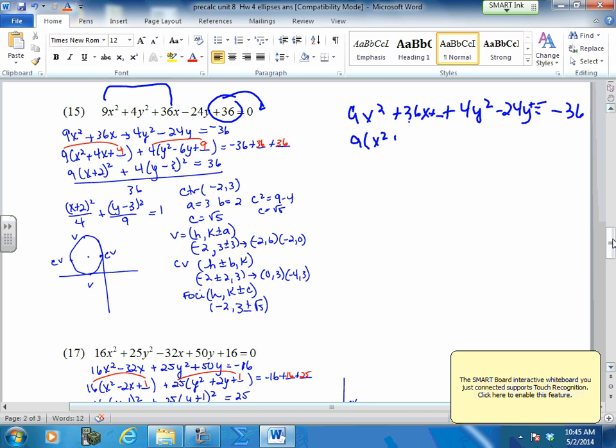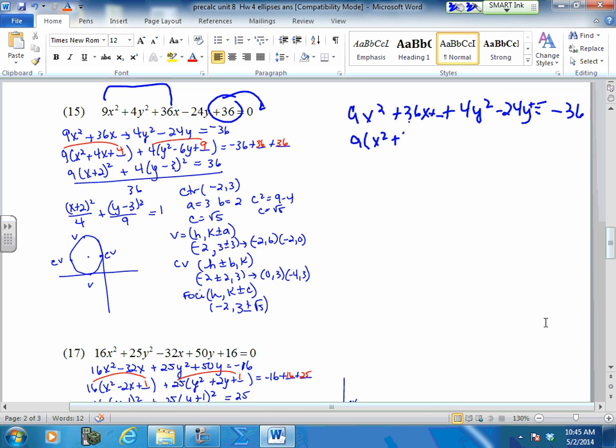So you were doing it right, you just forgot to distribute. And once you see what you did wrong, guaranteed you won't do it anymore. So this is plus 4x plus something. What do I take out of here to give me a y of 1? 4. So y squared minus 6y plus something equals negative 36 plus something plus something.